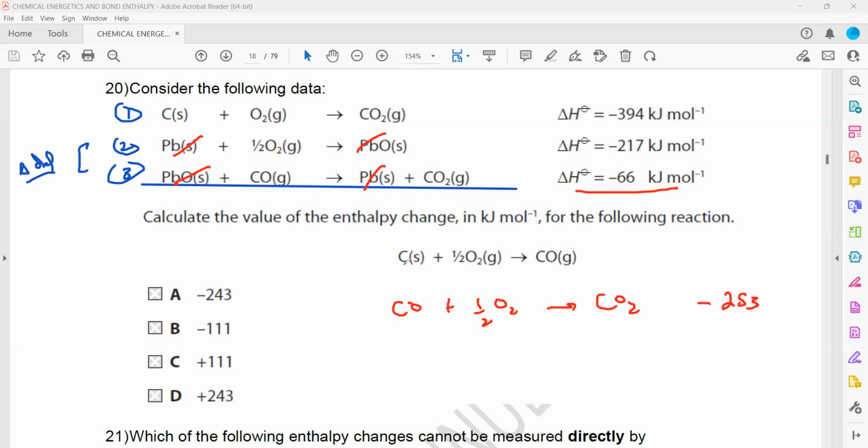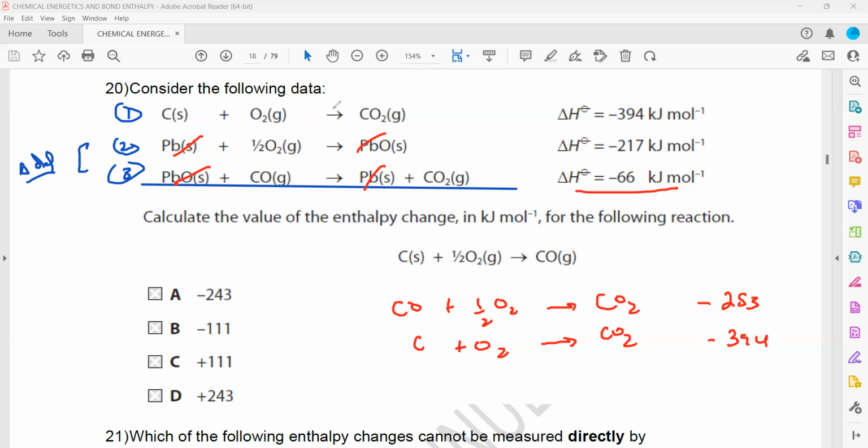So this is the result of adding 2 and 3. Then this is the first equation in which carbon plus oxygen gives carbon dioxide, and the energy change is minus 394.